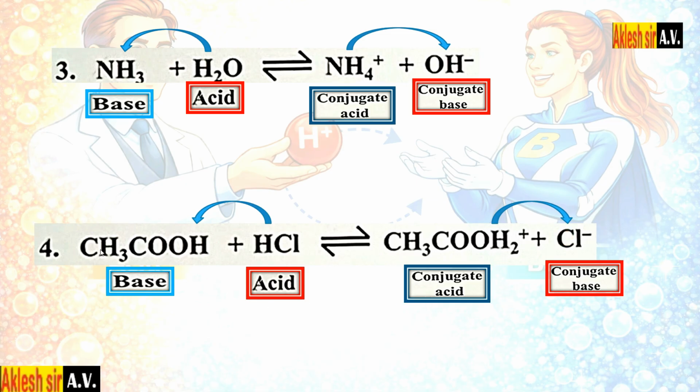In acetic acid CH3COOH and CH3COOH2 plus, there is a difference of one proton, therefore they are a conjugate acid base pair. Another example is HCl and Cl minus, with one proton difference, so HCl and Cl minus is a conjugate acid base pair.